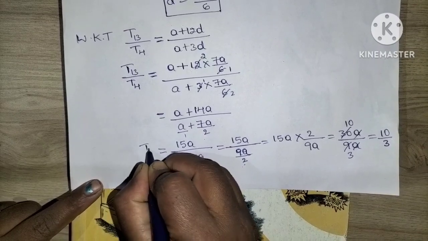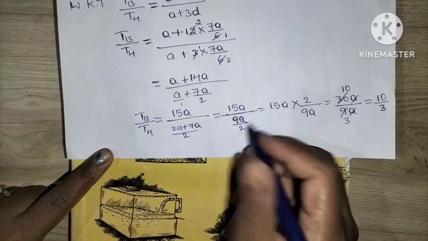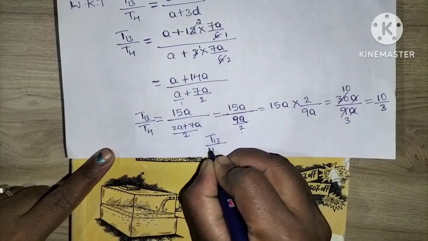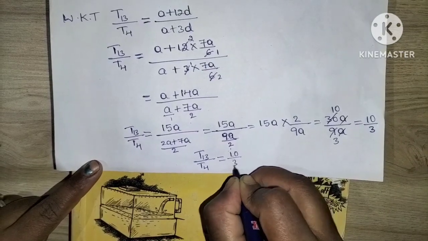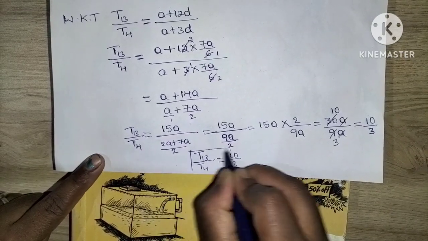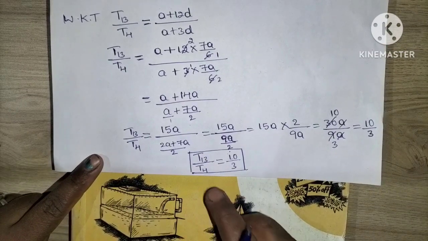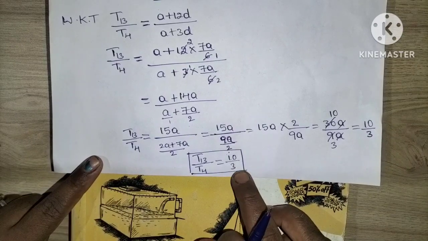So 13th term to 4th term is equal to 10 divided by 3. So the value of 13th term to 4th term is equal to 10 to 3.